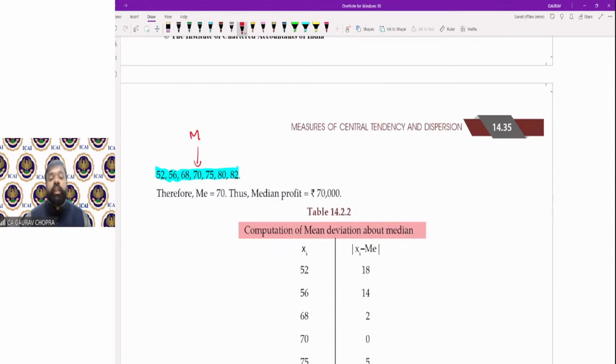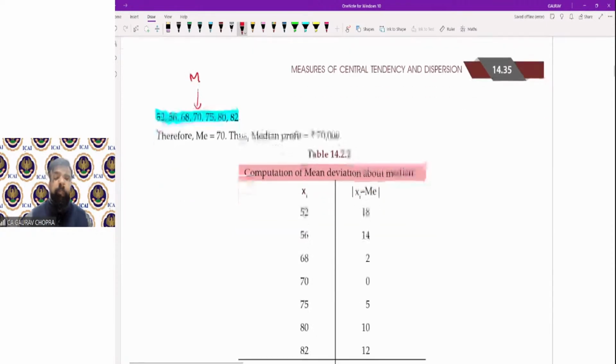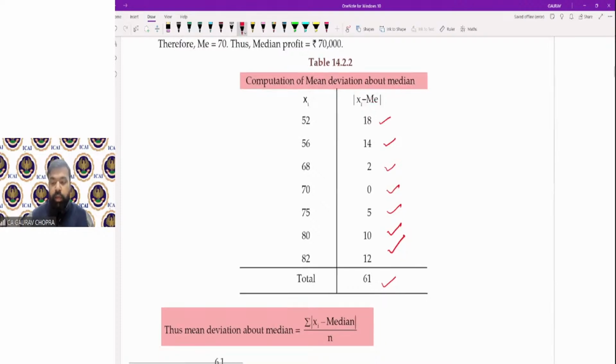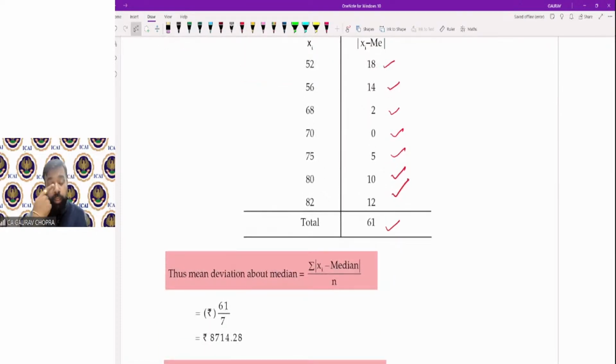Now you have to take deviation of all observations from 70. So the sum is 61. Now apply the same formula: 61 divided by total number of observations. How many observations are there? Seven. Therefore, your result will be 61 upon 7, which is 8.714.